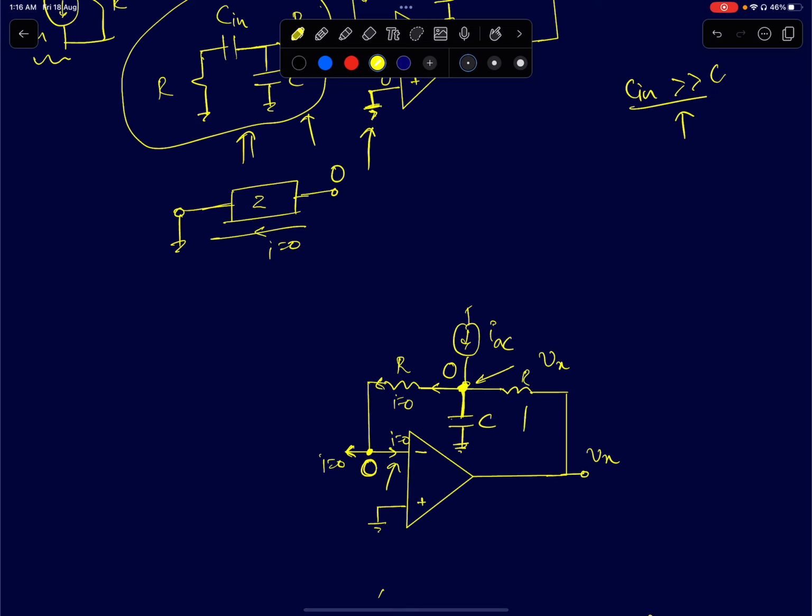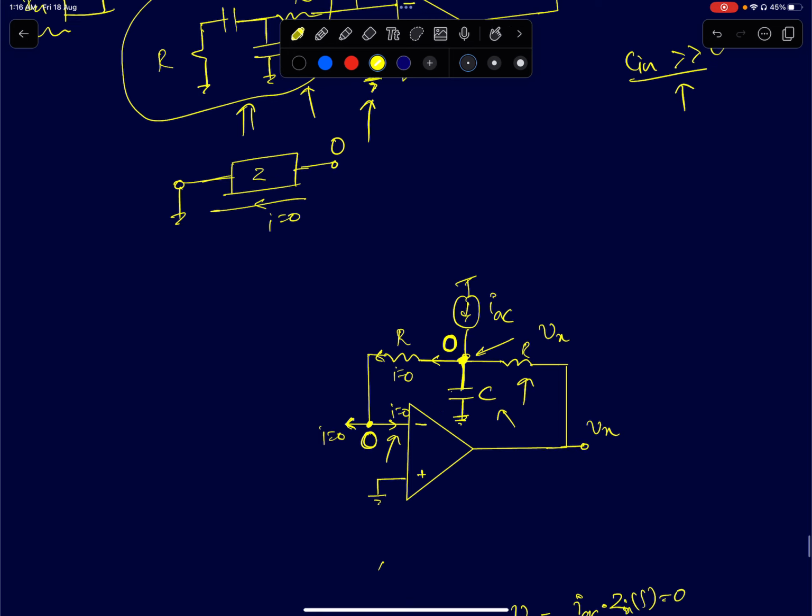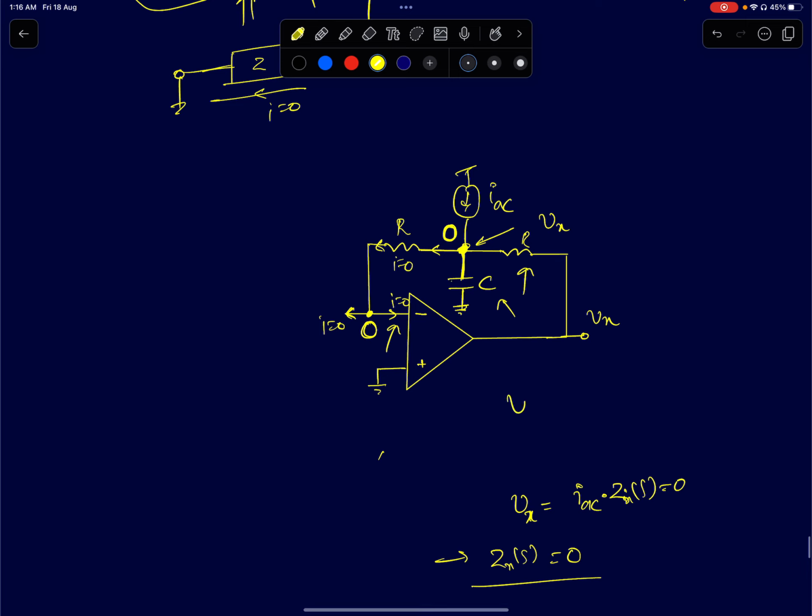Whatever the R and C values are, the voltage at this node will come to 0 volts. So I have applied a finite current, and the node voltage Vx is given by IAC times Zx of S. I applied a finite current, the output Vx is 0, therefore the impedance Zx of S is also 0. The impedance looking at this node is actually 0.